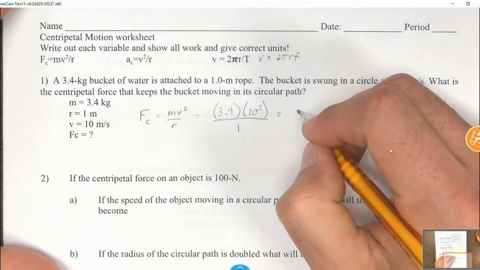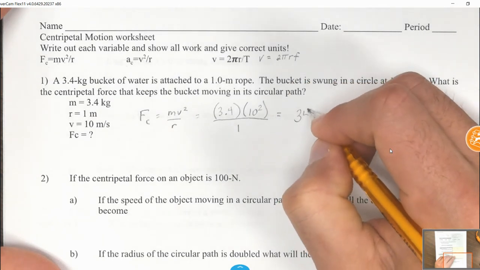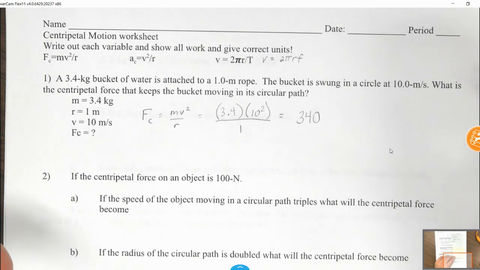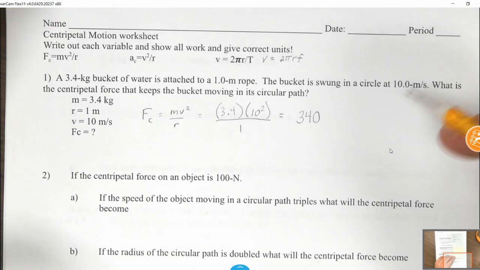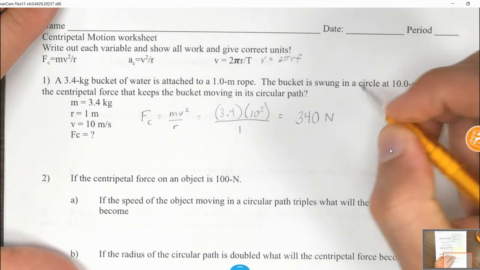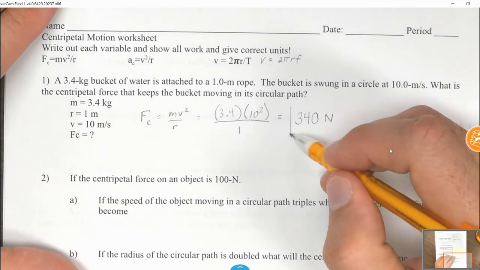Divided by 1 is just still 340. So from the PowerPoint, from the notes, guys, we should know what the unit is for the force. Centripetal force, just like all of our others, it's newtons.